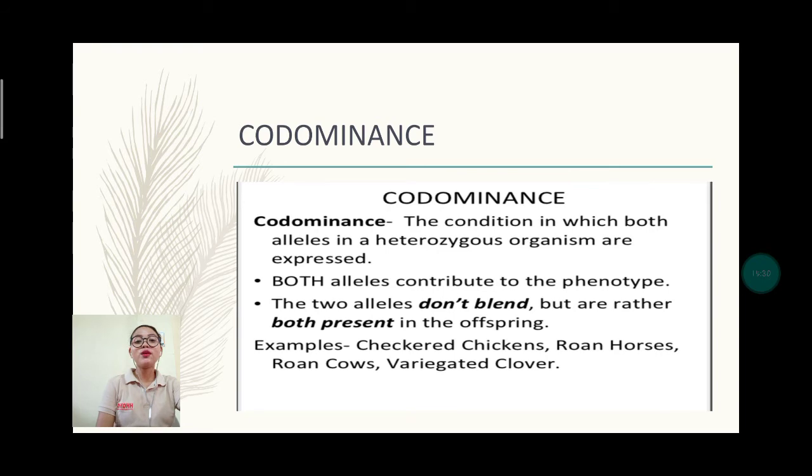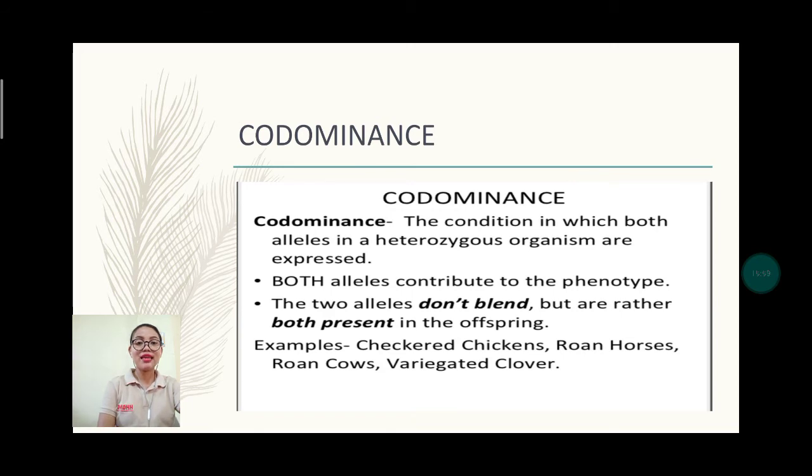So it only means that both alleles contribute to the physical characteristic of that organism, or what we call phenotype. So those alleles don't blend. Take note, they do not blend, but rather they are both present in the offspring.